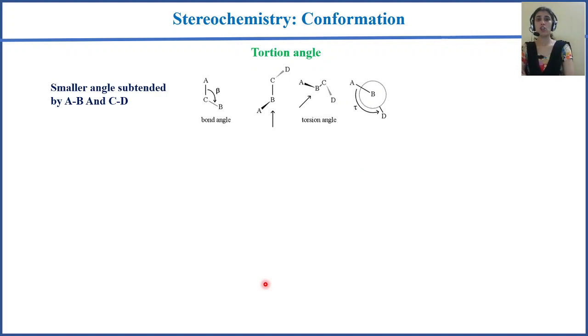Now the torsional angle. Torsional angle is again, the concept is somehow same as the dihedral angle.